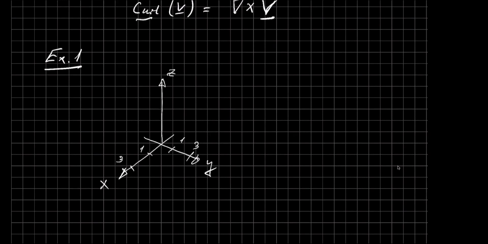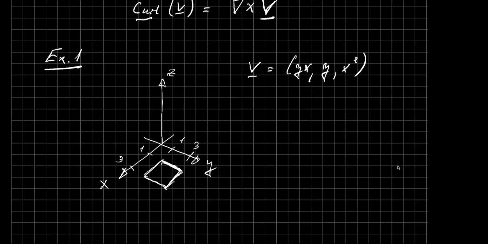This means that it is this square here, and the vector field I'm looking at is yx, y, x squared.